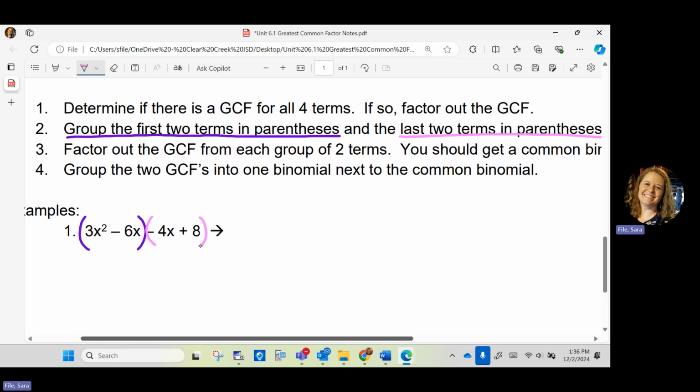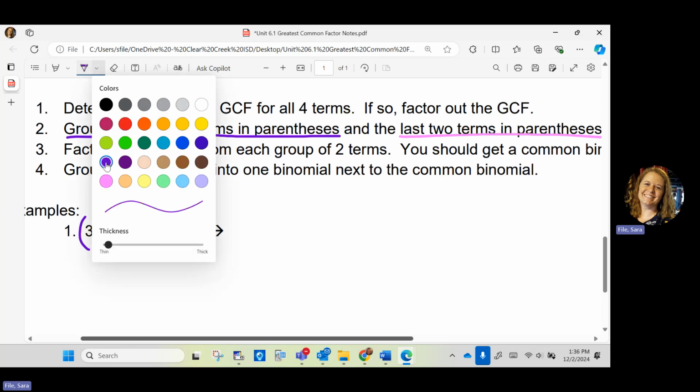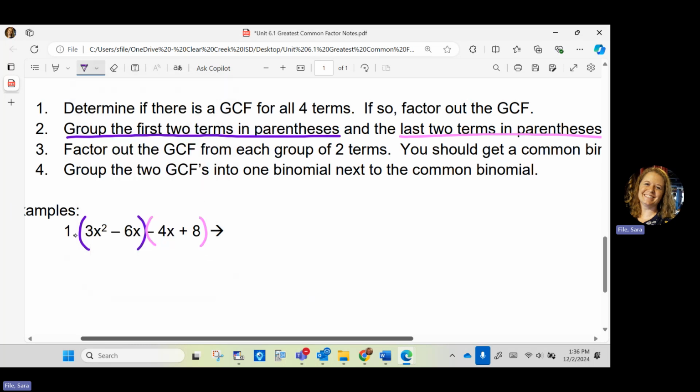Now, within each of those groups separately, I'm going to find a GCF. So for the first group, the one in purple parentheses here, what do these two terms have in common? What can I divide both of them by? 3 what? 3 is the number, but look at your variables. They both have x, don't they? So I can factor out an x.